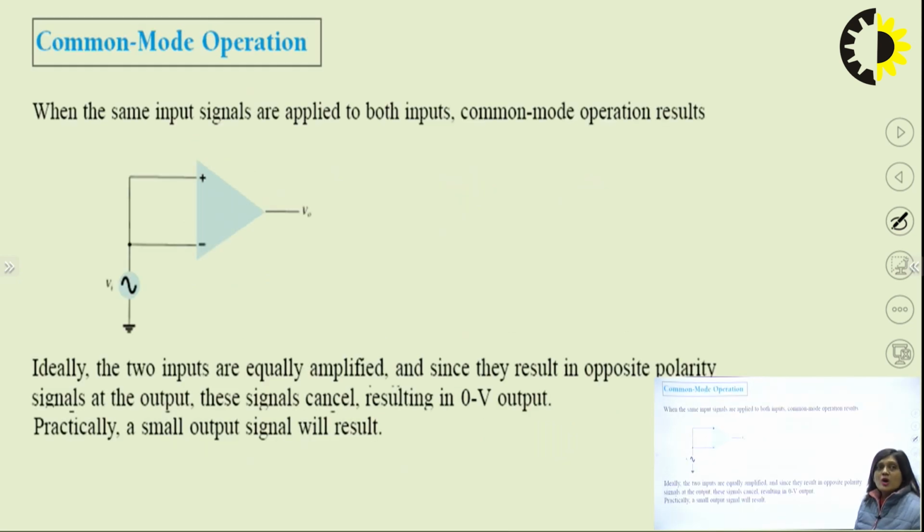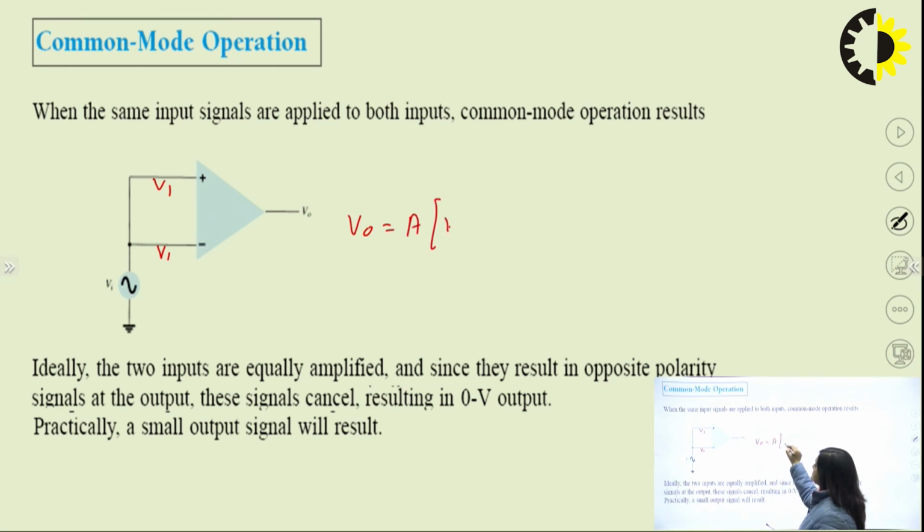After that, common mode operation. If we give the same input at both the terminals, like here we have given V1 and here we have also given V1, the output would be V0 equals A times V1 minus V2, and here V2 is also V1, so it would be V1 minus V1, which is 0.